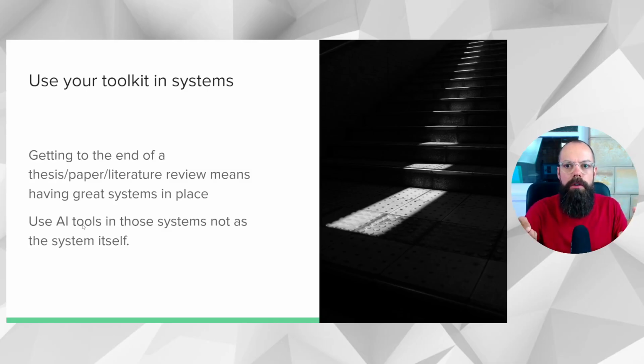That is what it should be used for. It does not get you to the end result of having an introduction, but it is used as part of the system, and then you can move on through that system. It starts helping you solve one part of the problem of getting to the end of writing a paper. So that's how you should think about using this AI toolkit.